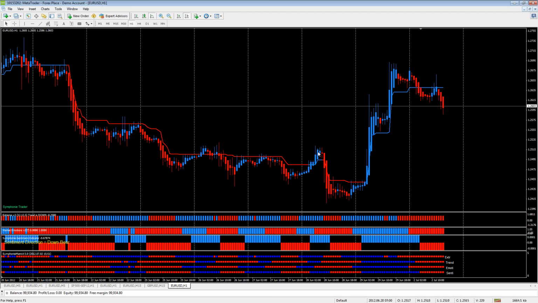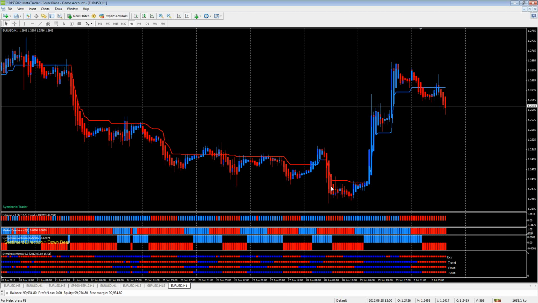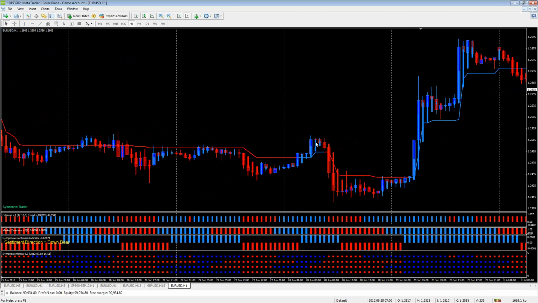So for example, here in the regular candles, we had 1, 2, 3 red candles before the sharp drop. You can see here these red candles behind the Japanese candles, red, red, red, whereas with the Heikin-Ashi, we have only 1 red candle before the drop.